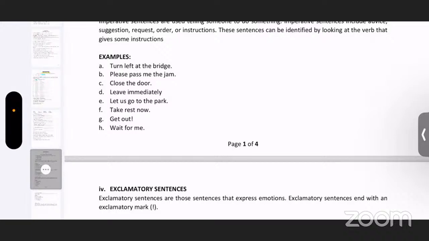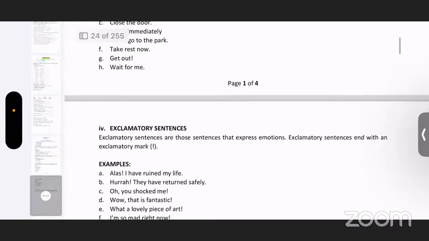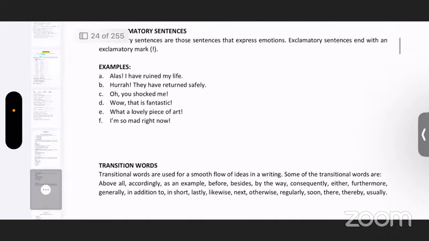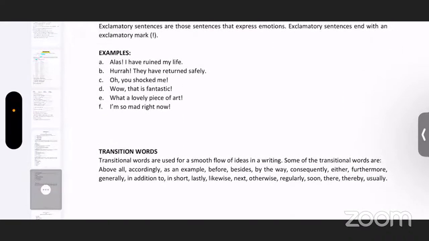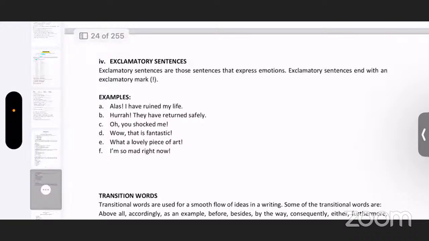Get out. No, don't go anywhere. Please stick to the lesson. Wait for me. It's like requesting somebody, wait for me. Please wait for me. You can add those words which beautify your statement, or you can explain them carefully. Then there is the exclamatory sentence.